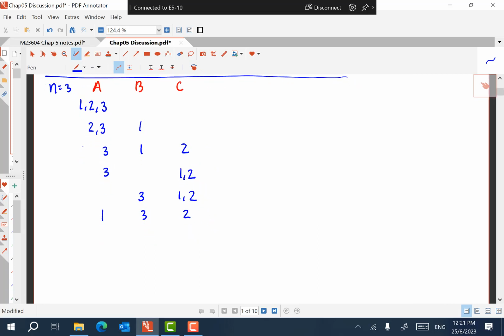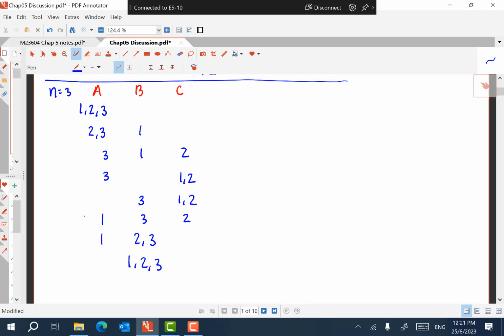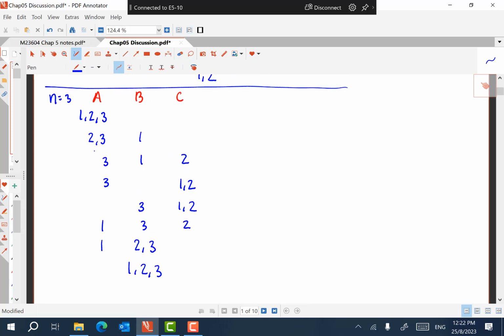Move your 2 to B. And then move your 1 back to B. You gotta move the 2 first. So altogether, how many steps do you take? 1, 2, 3, 4, 5, 6, 7. 7 steps.